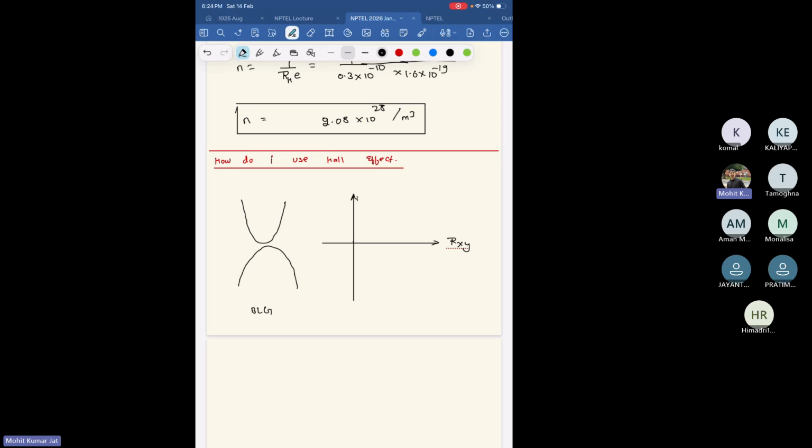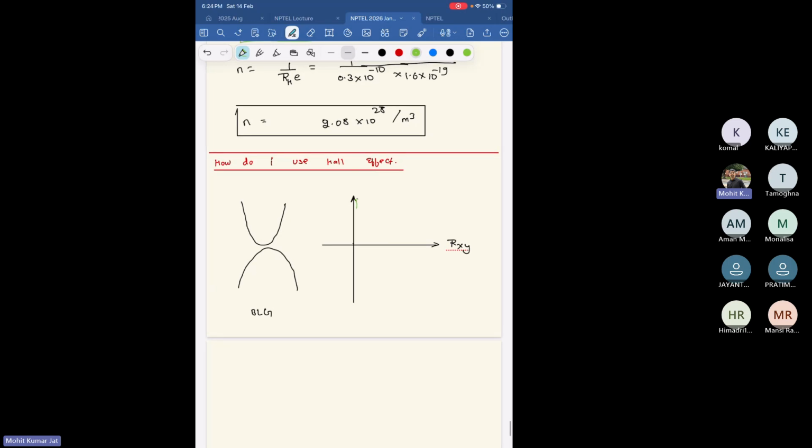So your RXY signal comes like this, and it shoots up, then it goes down. That's how the RXY signal goes.